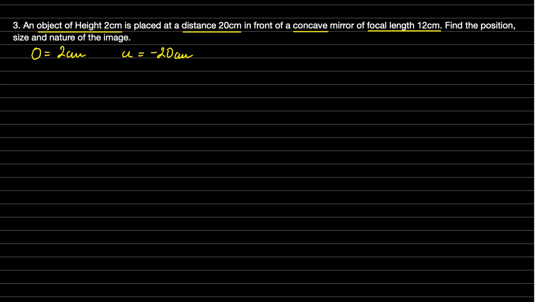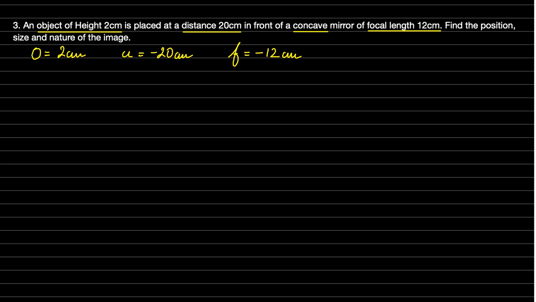Now here is the trick. It is given as concave mirror of focal length. When we have a concave mirror, the focal length, that is f, is taken as negative. So I will write it as minus 12 centimeter.